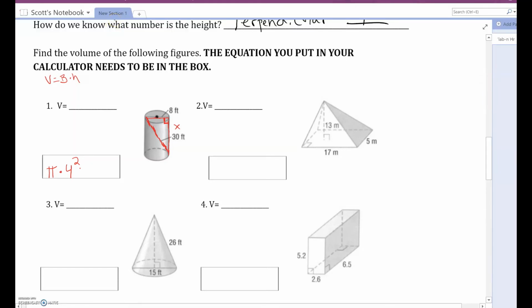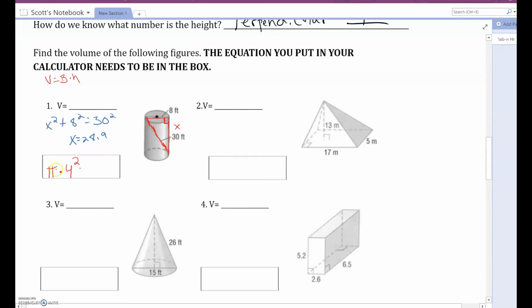So I could do x squared plus 8 squared equals 30 squared. Subtract it over: 30 squared minus 8 squared, square root, should give me 28.9. X equals 28.9.